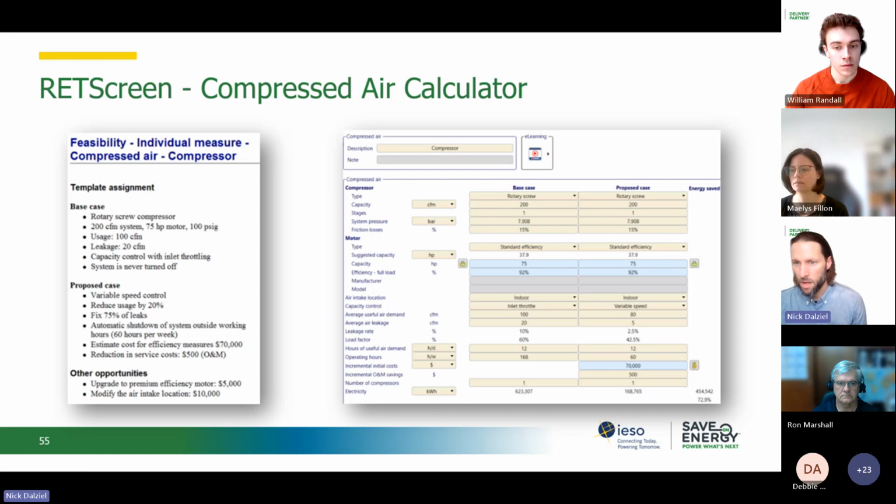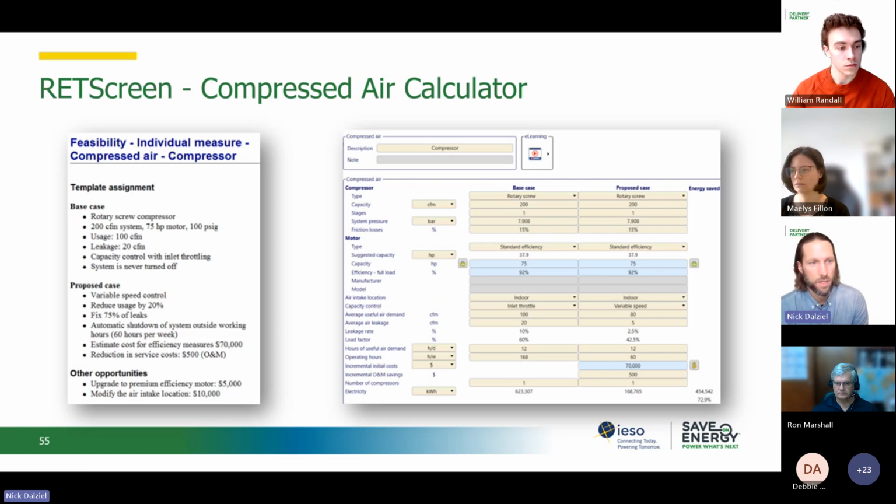So today's session really focused on understanding and doing your own calculations, since we believe that fundamental understanding is critical for any energy professional. However, there are some great tools out there, including Canada's own RETScreen tool. The team there has invested a lot of effort into improving their compressed air calculator and other tools and functions within the RETScreen suite.